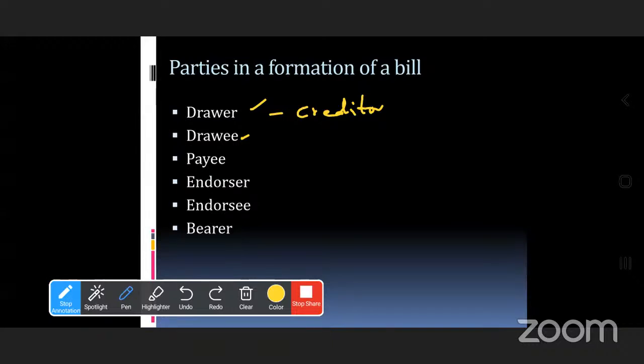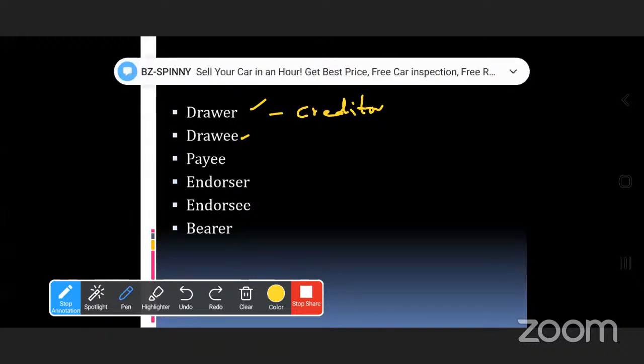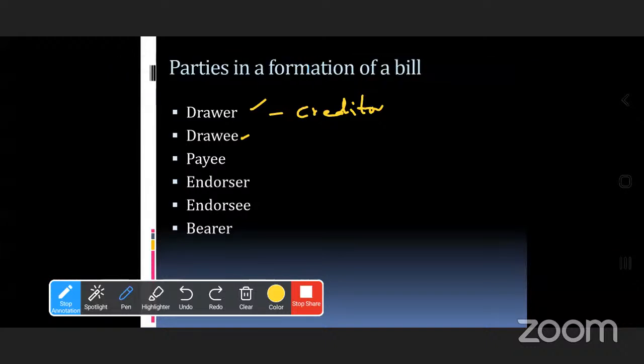He needs to pay the amount of the bill of trade on the due date. And coming to the payee. The payee is the individual to whom the amount of the bill of trade is to be paid. The payee can simply be the drawer or the drawer's creditor. Either he may be the drawer or the drawer's creditor.